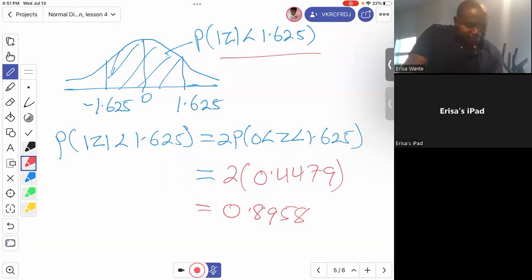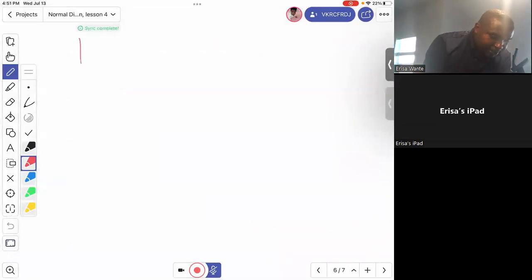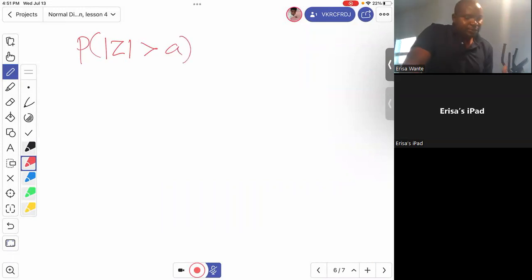So the next part, I will talk about this situation. How do you find the probability that the magnitude of Z is more than a particular value A? How do we interpret this?